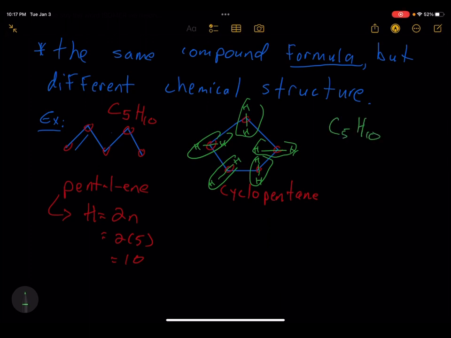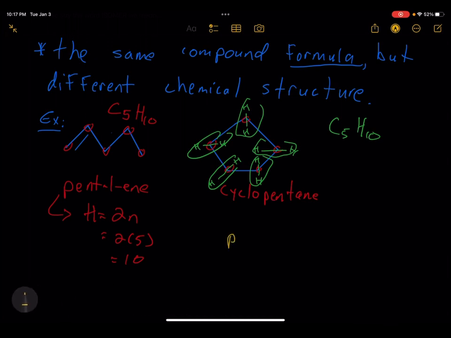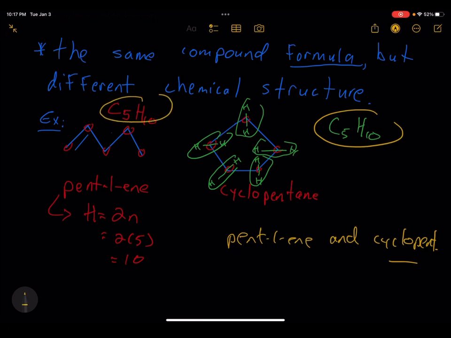Now these two are isomers of each other because pent-1-ene and cyclopentane have the same chemical formula over here, right? So we're going to write same formula, but different structure.